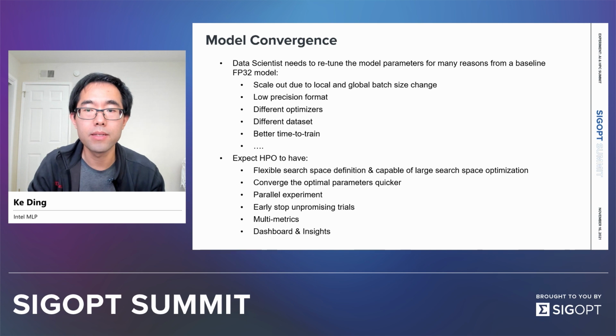Second, such a tool is expected to be built on an efficient model so that it can converge and find the global optimal point much quicker for a black box optimization problem. And that's actually the unique advantage. Also, in order to speed up the execution, a parallel execution feature is required, as well as early stopping of unpromising trials. Because by comparing with earlier results, you can already predict whether the current one is going to be much worse or much better.